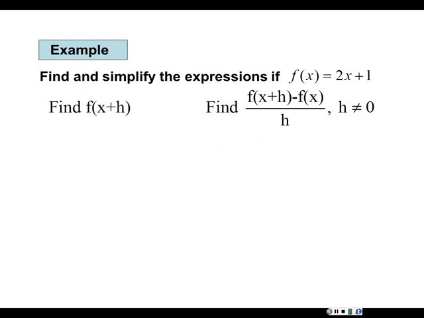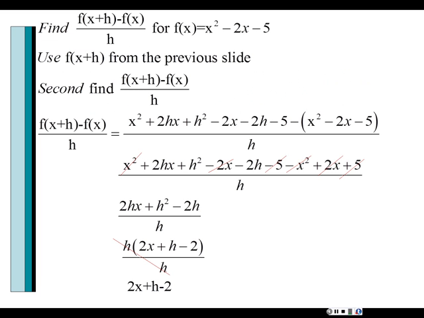See, it depends on what you can cancel. Sometimes you might be able to cancel a lot of things, sometimes you may not. Right now you are canceling out 2x and 2x, 1 and 1. You are only left with 2h, and here you have h, so you can simply cancel the h's. But remember in the last example, to cancel, we had to take a common factor.